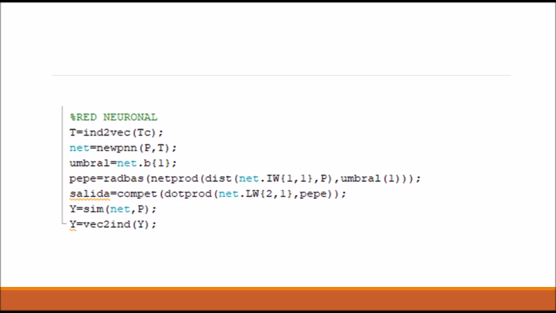Then for the classification of the image, we use a probabilistic neural network. This has two layers. The first layer computes the distance from the input vector to the trained input vectors with the purpose of identifying how far or near they are to each other.